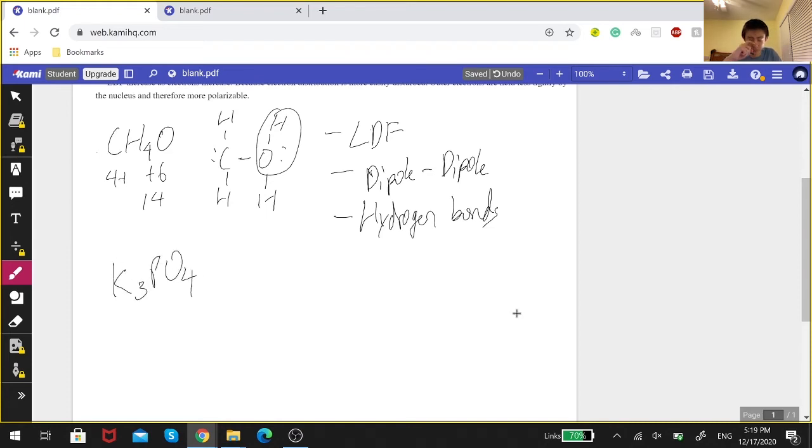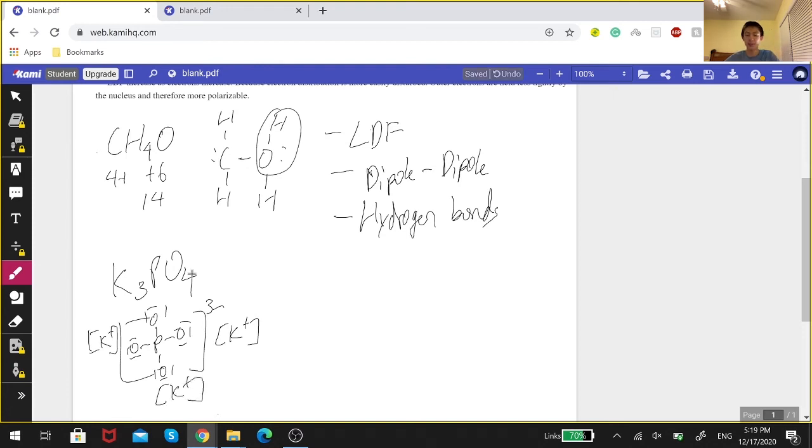Next, we have K3PO4. First I draw PO4, then the K plus ions, one for each of the 3 minus charges.